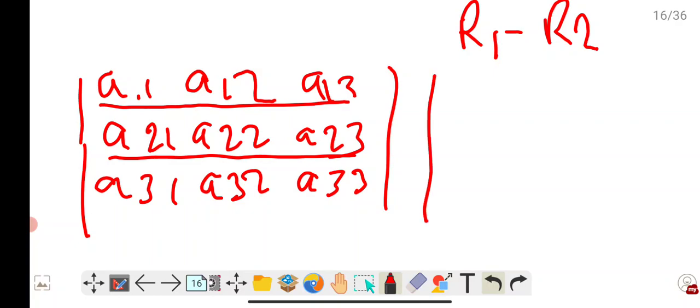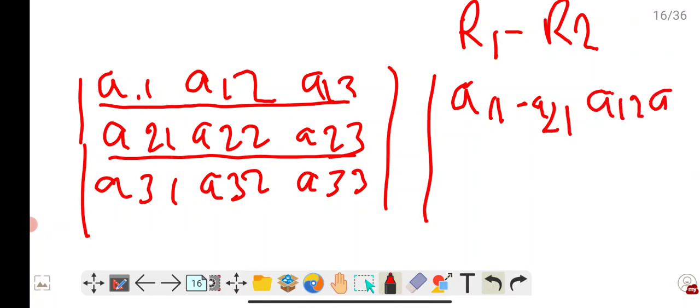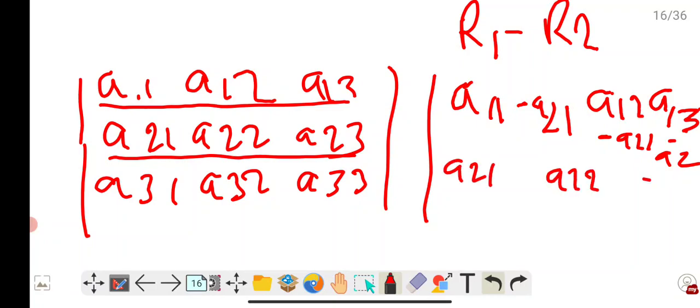Simply a11 minus a21, a12 minus a22, a13 minus a23, and the others remain the same: a21, a22, a23, a31, a32, a33.